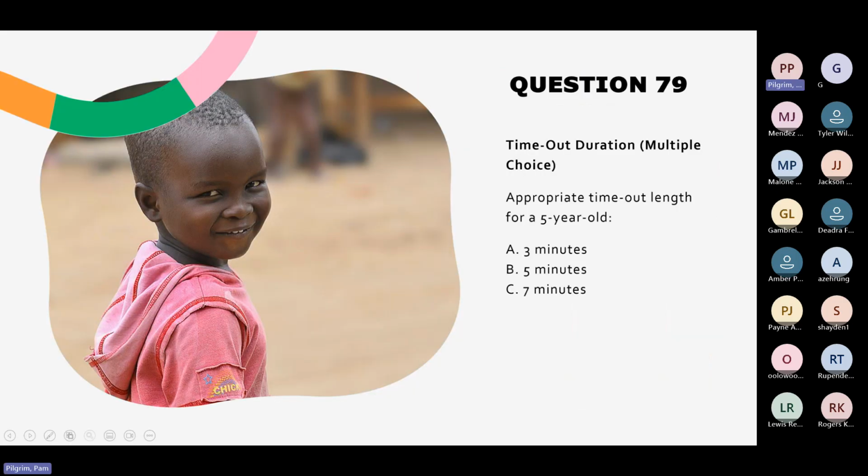Timeout duration, appropriate timeout length for a 5-year-old. The answer is B, 5 minutes.